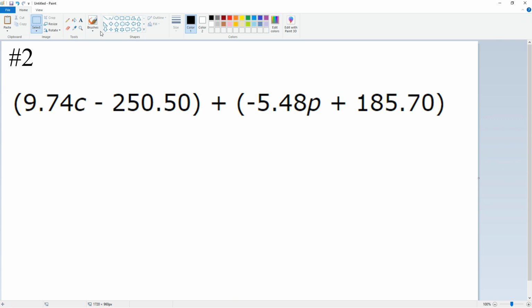Okay, and the first thing we notice here, I want you to work through this one. I want you to go ahead, make sure you're doing your 2-mark method here, and then I want you to see if you can simplify this. Notice how many different terms we have. We have a C term, we have a P term, negative P term, and we have some constants.